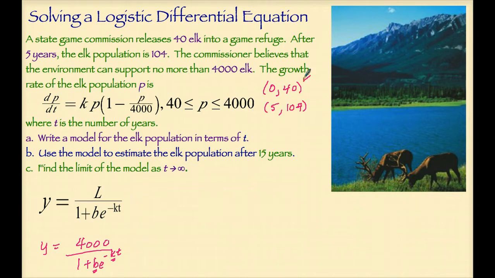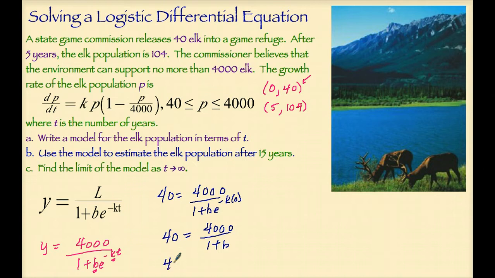Let's use this first initial condition to solve for b. 40 is equal to 4,000 over 1 plus b e to the negative k times 0. 40 equals 4,000 over 1 plus b.